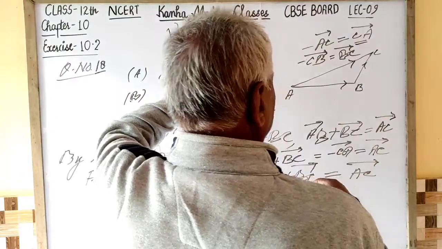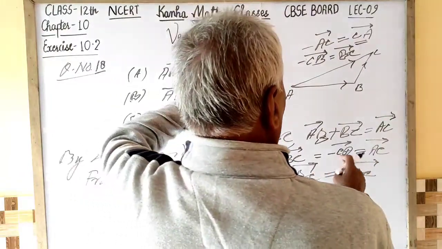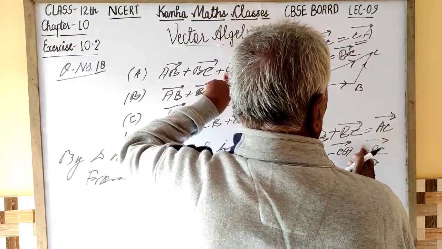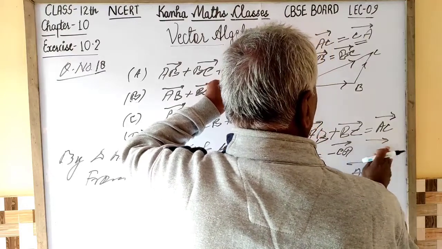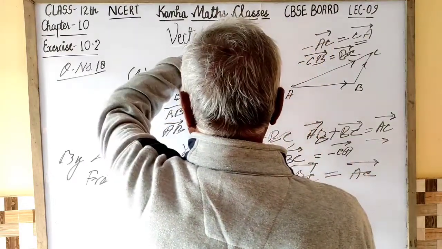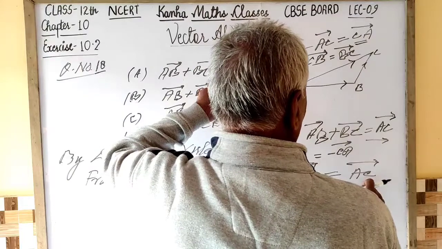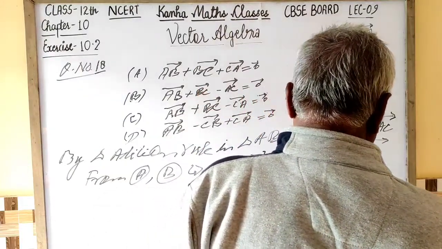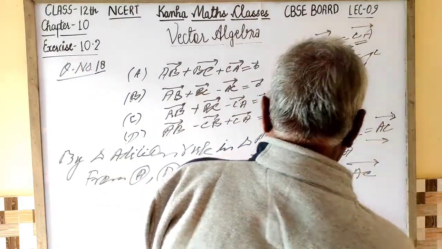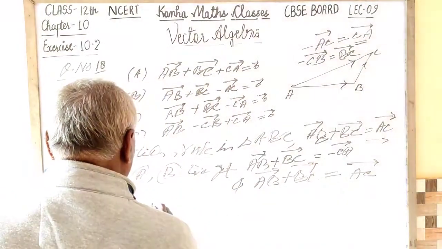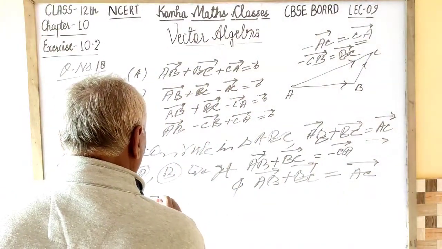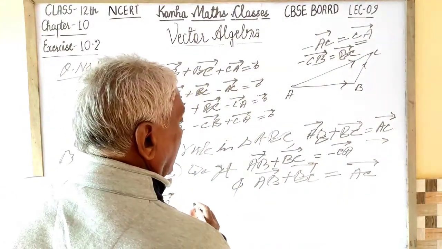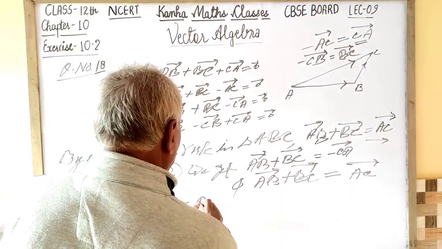Now from these two equations we get minus CA is equal to AC.